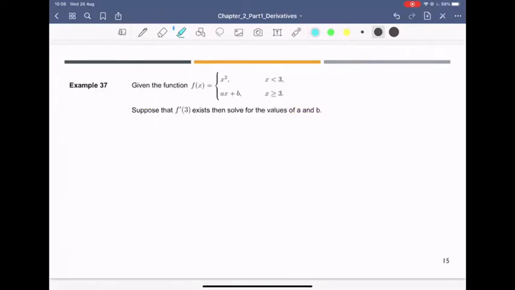Given the function f(x) equal to x squared where x is less than 3, and f(x) equal to ax plus b where x is greater than or equal to 3. Suppose that f prime 3 exists. I want you to find the values of a and b. This is on exams.